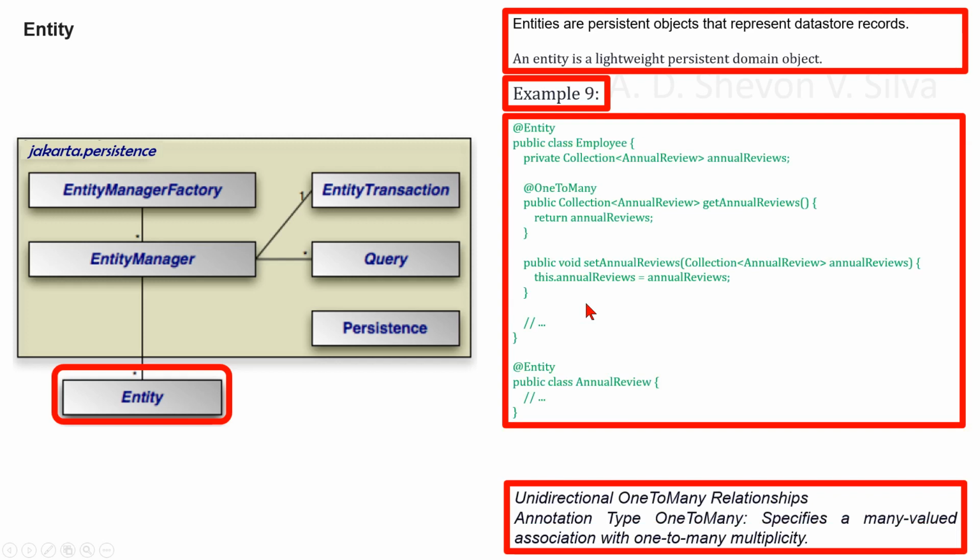As an example 9, we can consider unidirectional one-to-many relationships. The annotation type OneToMany specifies a many-valued association with one-to-many multiplicity.